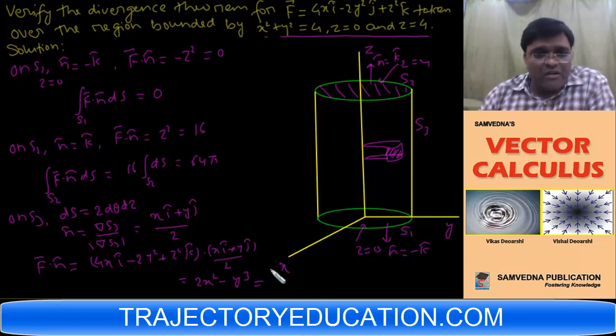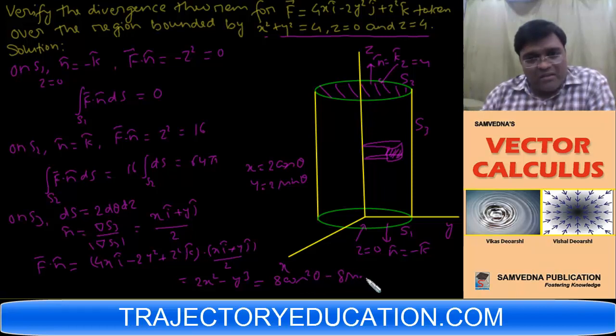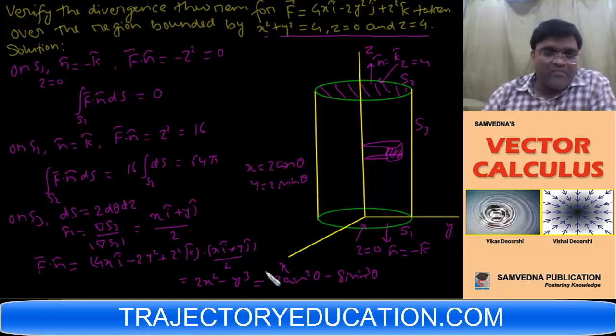For cylindrical coordinates, on this surface I can take x as 2 cos theta and y as 2 sin theta. So this will be 8 cos square theta minus 8 sin cube theta.